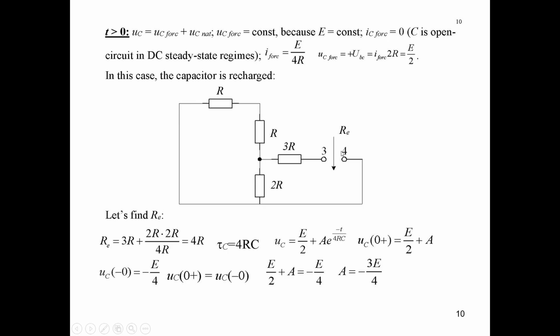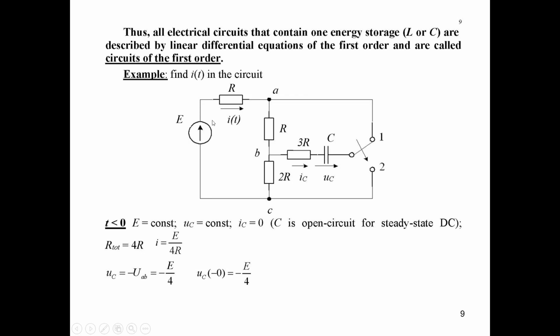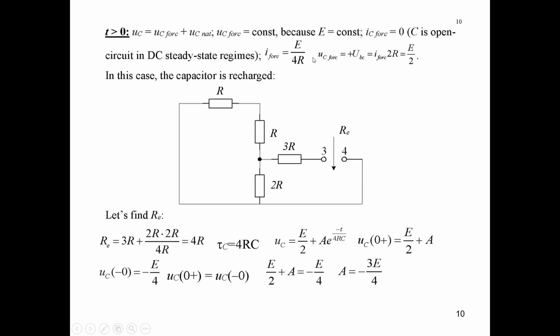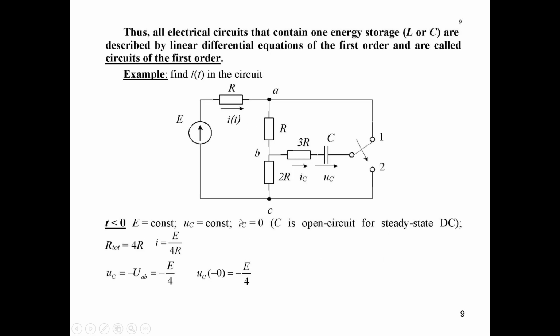So we can write down that I forced in this schematic for t greater than 0 will be the same, equal to E over 4R. And for UC forced in this schematic after commutation, when the switch is relocated from the first position to the second position, we will have such a connection.